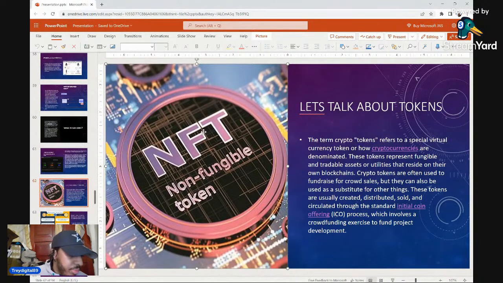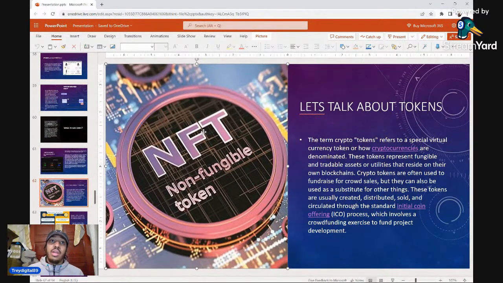So we're going to brief up on the NFT. It says, let's talk about tokens. The term crypto tokens refers to a special virtual currency token, or how cryptocurrencies are denominated. These tokens represent fungible and tradable assets or utilities that reside on their own blockchain.